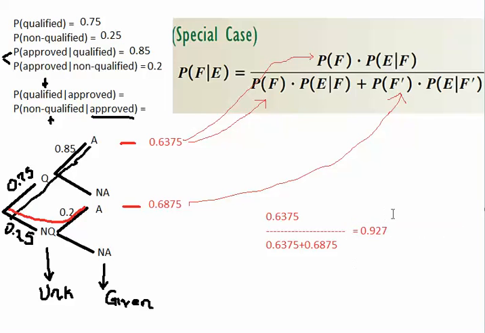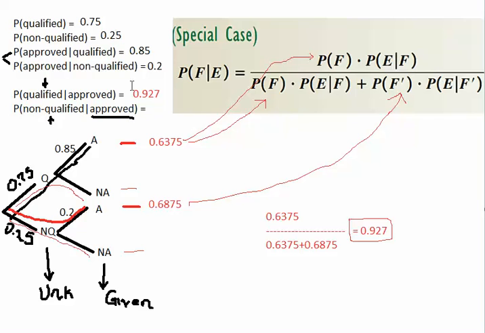What is this? What you just found right here is the probability for a person to be qualified given that it is approved. 0.927. Now we are looking for the probability for a person to be non-qualified given that it is approved.